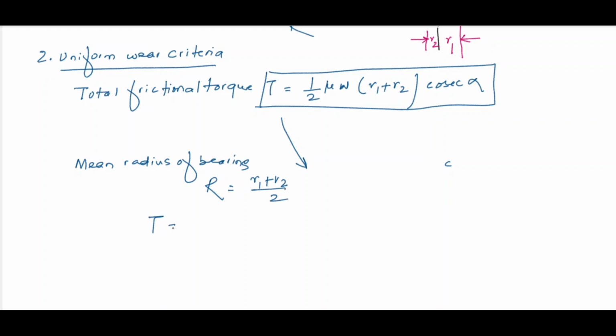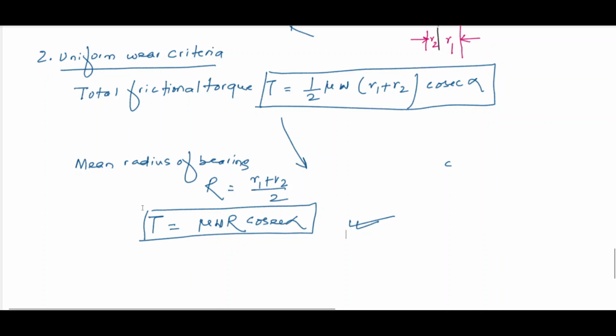In that case, T will be equal to mu W R cosec alpha for your uniform wear criteria. Remember this.